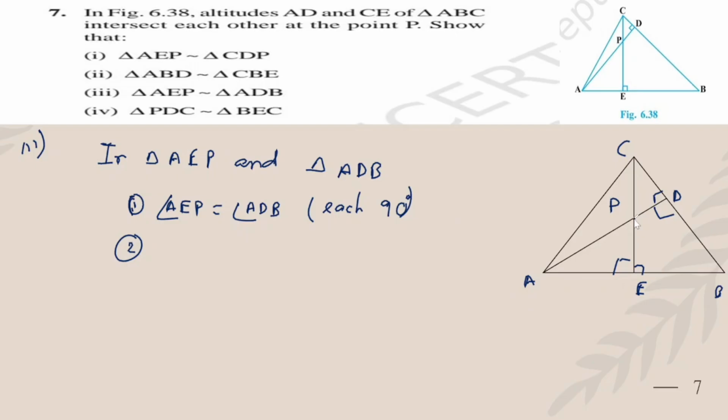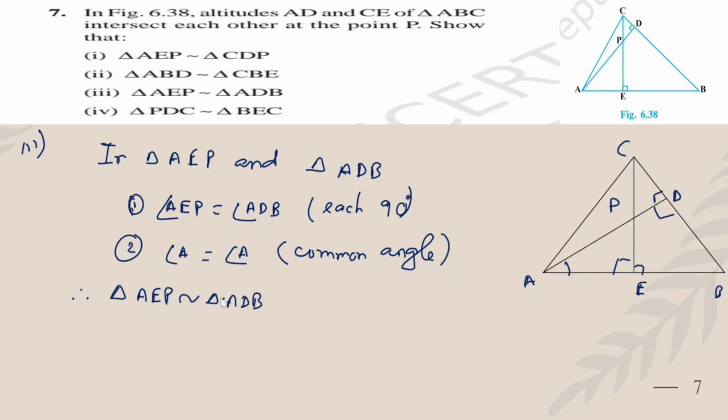In AEP and ADB, angle A is common here. So you can write angle A equals angle A, common angle. Therefore triangle AEP is similar to triangle ADB. By which rule? By AA rule.